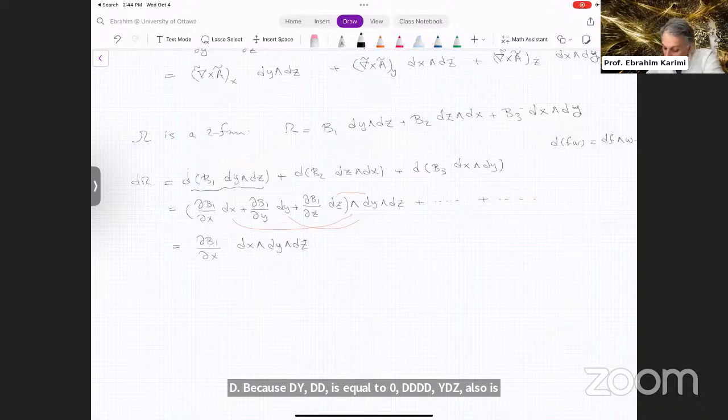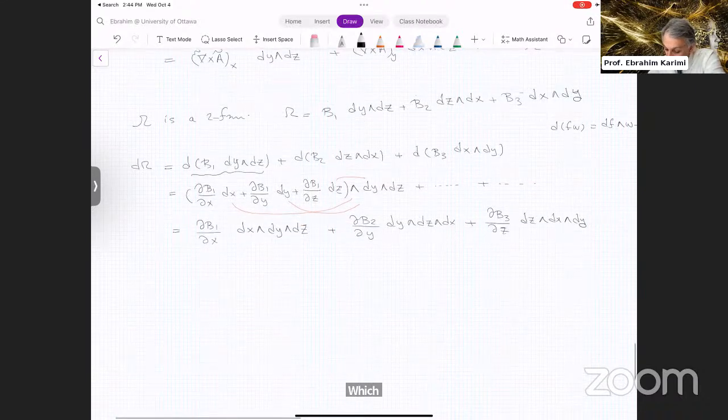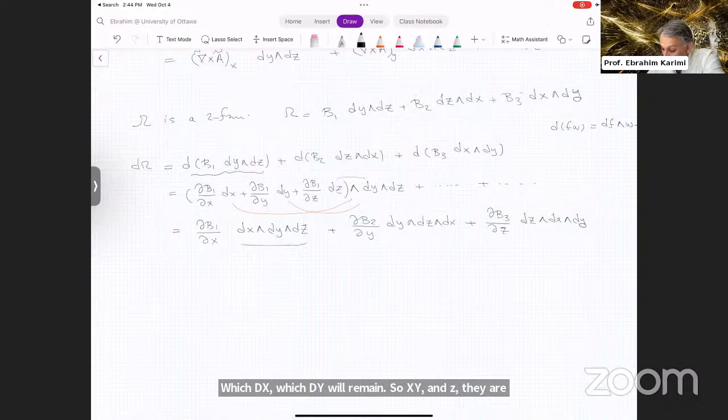In the same way, you can prove that for the other terms, the derivative of B2 with respect to y dy, wedge dz dx will remain, and the last one will be the derivative of B3 with respect to z dz, wedge dx, wedge dy will remain. So x, y, and z are in the positive sequence, which is perfect.